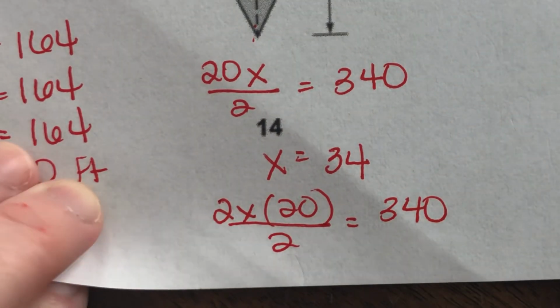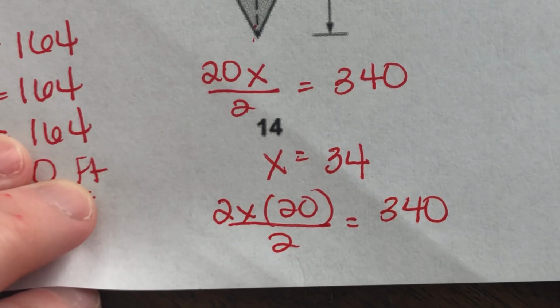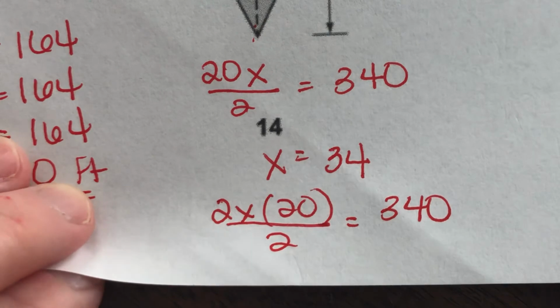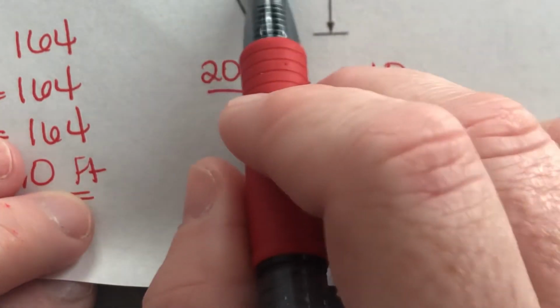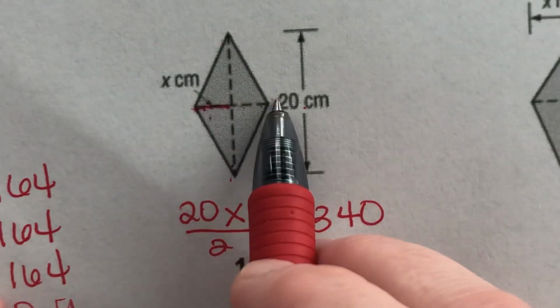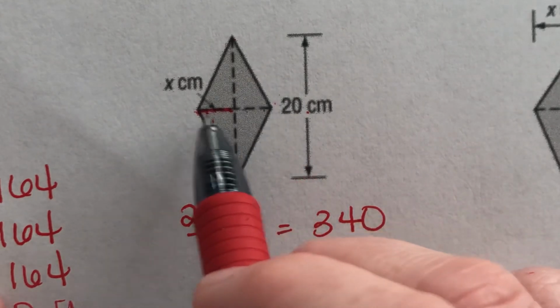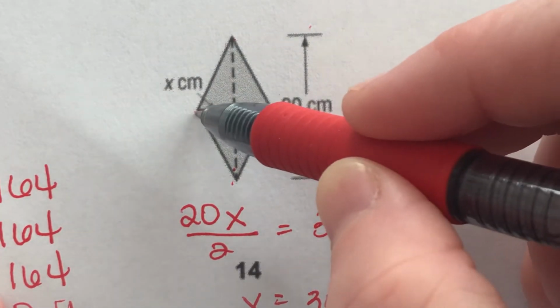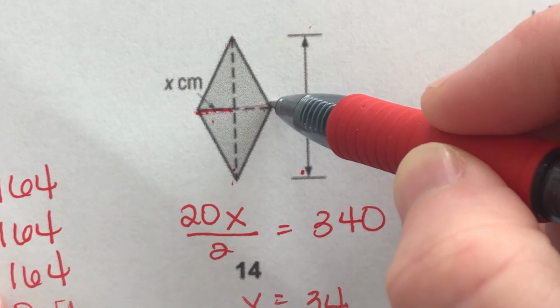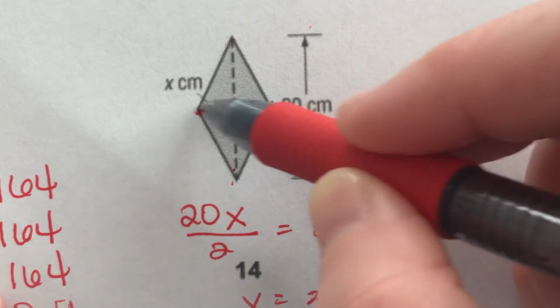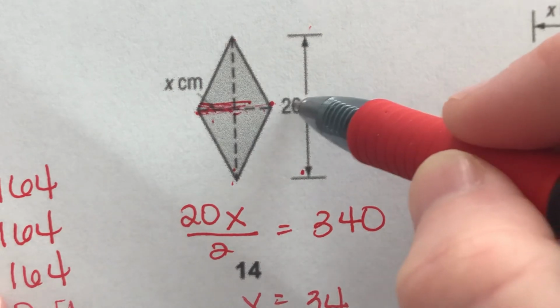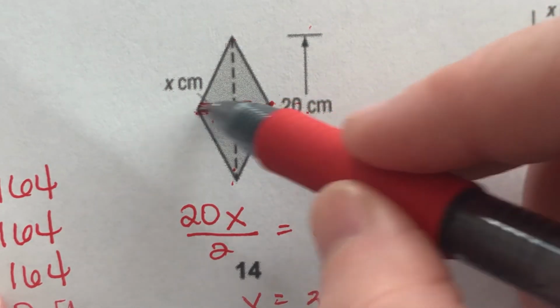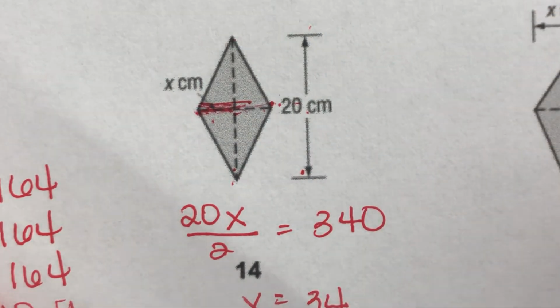That would be 680 divided by 40, which would give us 17. One side would be 17, which still means the entire thing would be 34. Not really sure. It's drawn kind of funky. If this is the biggest side and it's 20, I'm not sure why this little guy would be 34. You can either solve for one side, which would be 17, or for the entire diagonal, which would be 34.